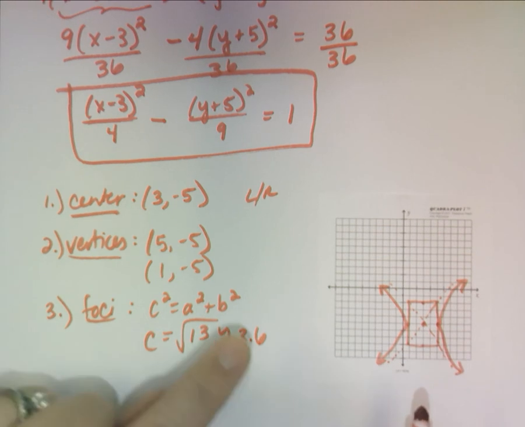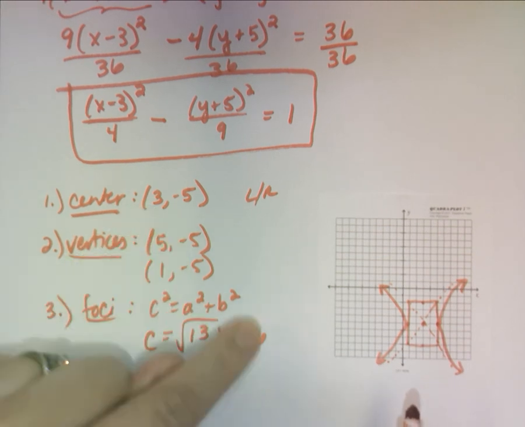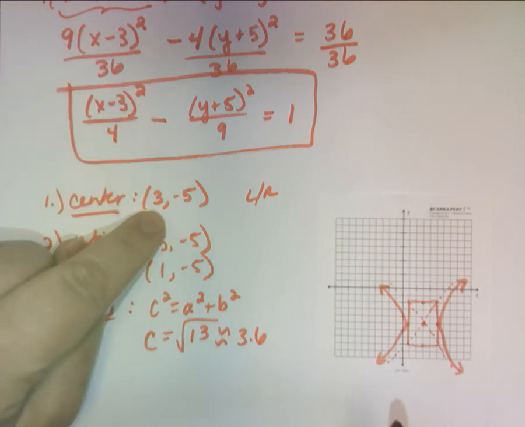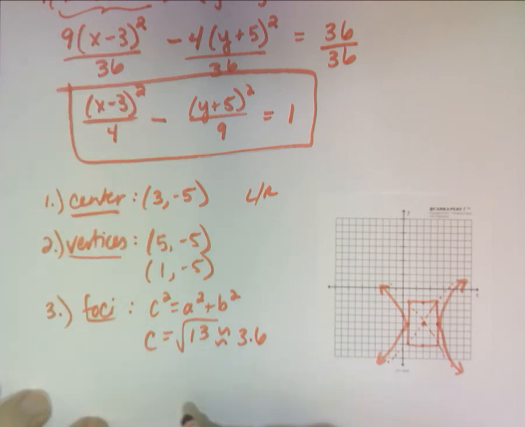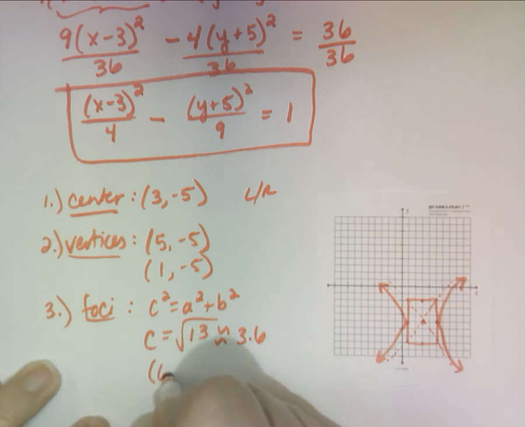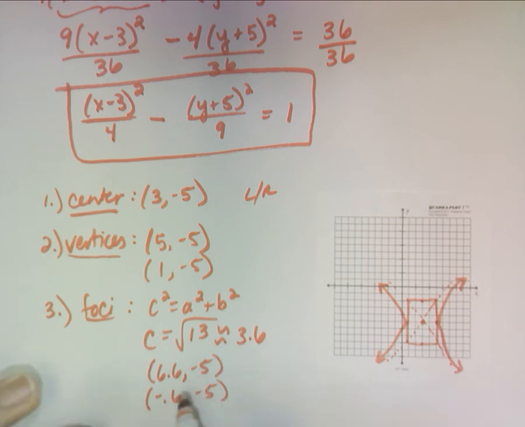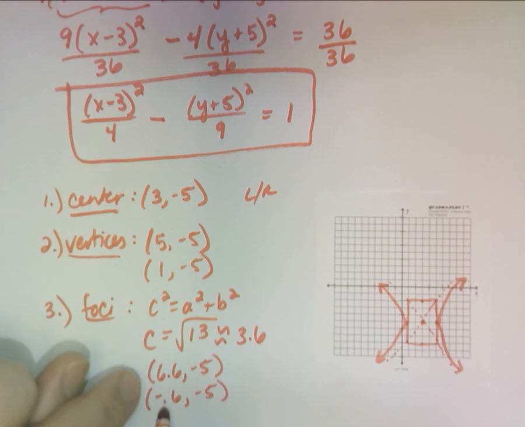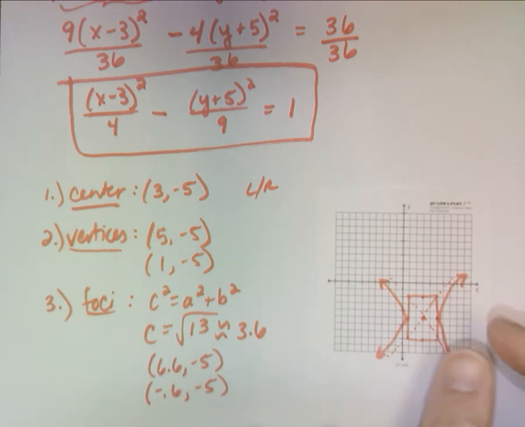Do you add 3.6 to the 3 or 3.6 to the negative 5? The x is positive. Add it to the 3. So your foci are going to be at 6.6, negative 5, and negative 0.6, negative 5. Again, you could put it just as 3 plus square root of 13 or 3 minus square root of 13. I'm just doing it the way most engineers would do it.